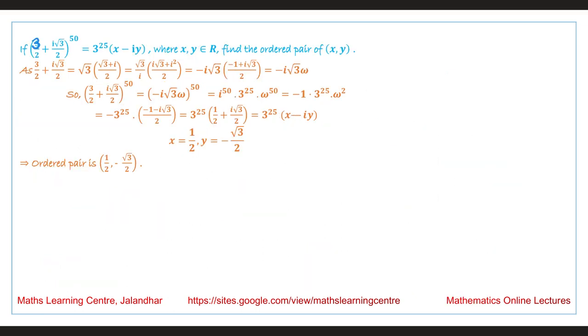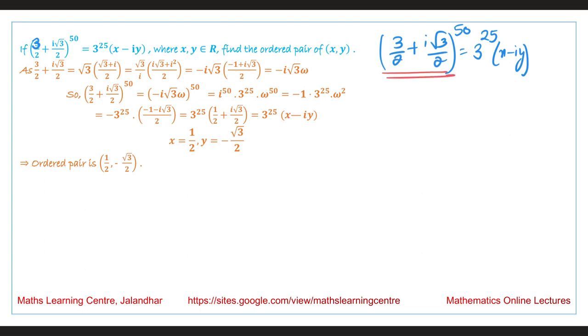Now next we have (3 by 2 plus iota root 3 by 2) raised to the power 50, which is equal to 3 raised to the power 25 into (x minus iota y). We have to calculate the value of x and y. Now look at this number. The value of omega is (minus 1 plus iota root 3) by 2.